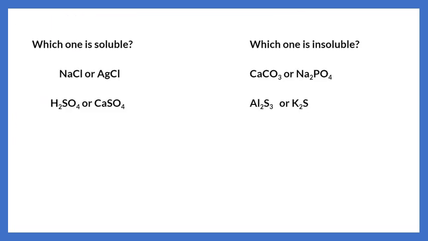Okay, let's just do some practice problems. Which compound is soluble? So we have chlorine, which is soluble, and it's not bonded to its exception. So NaCl is going to be soluble.